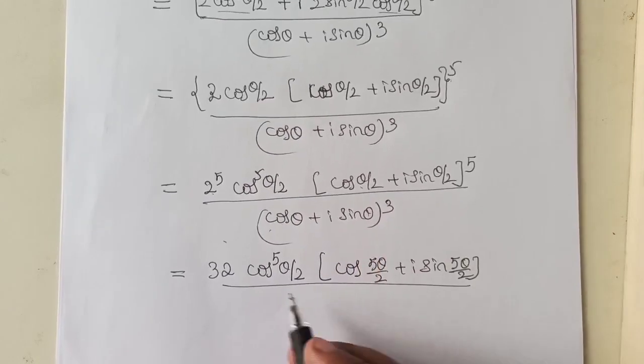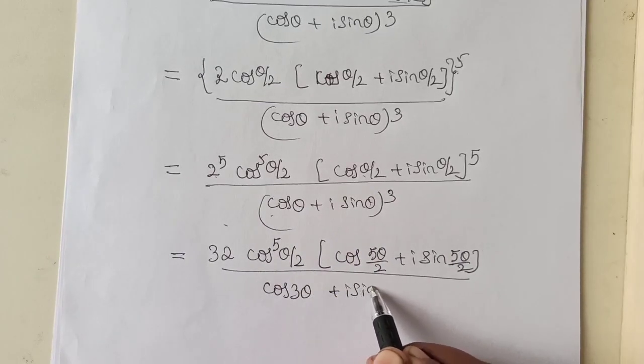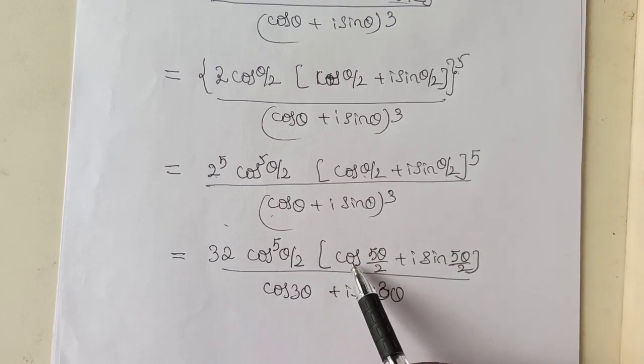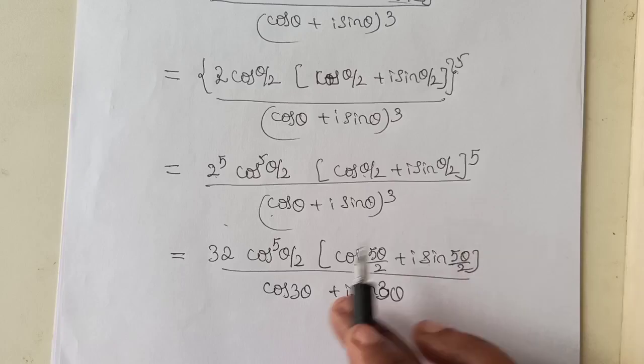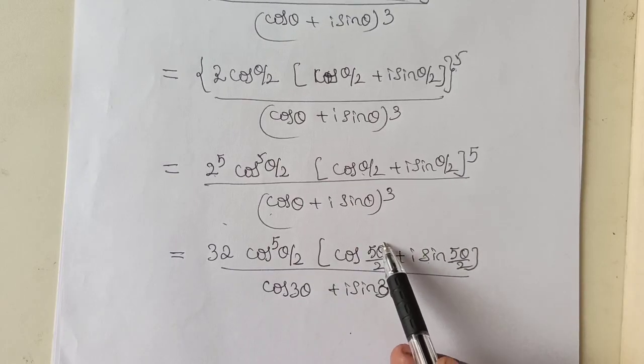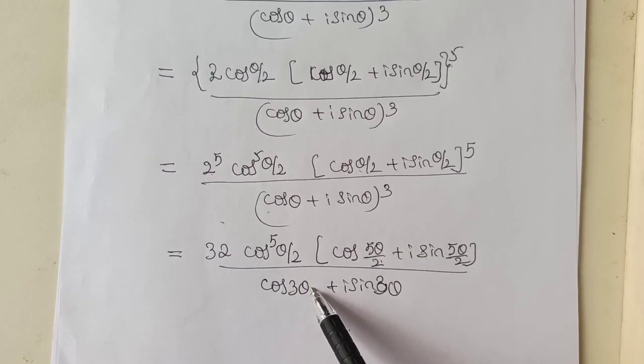Again applying De Moivre's theorem to the denominator, it becomes cos 3θ + i sin 3θ. You can observe that we have the cos plus i sin form in both, but the numerator and the denominator have different angles.